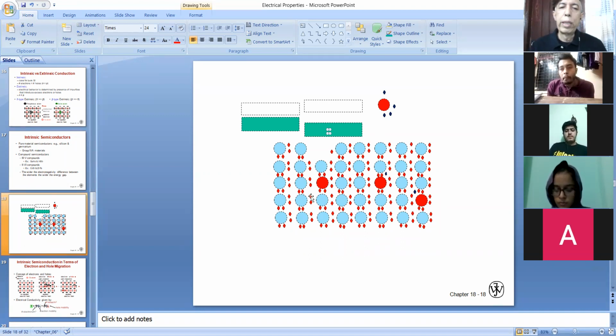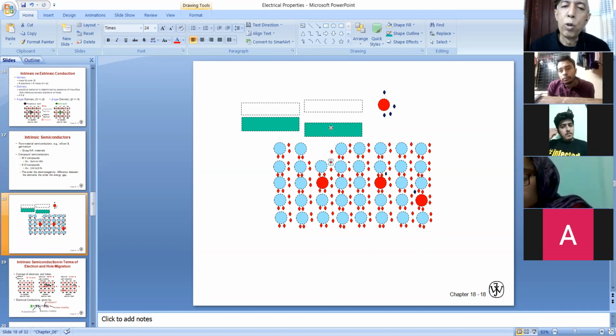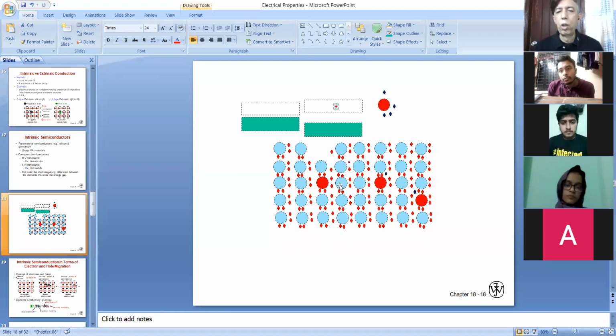Now, if one electron from here, say for example, one electron from here, it will be here. It goes from valence band to conduction band. So here an empty space occurred.